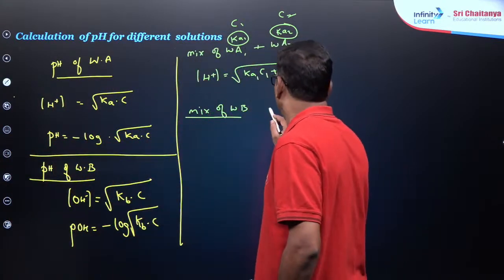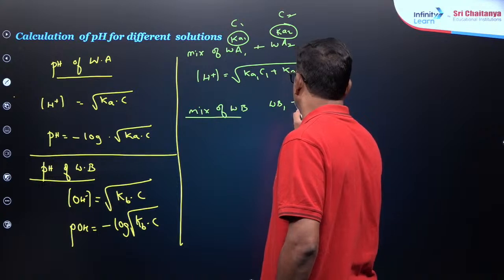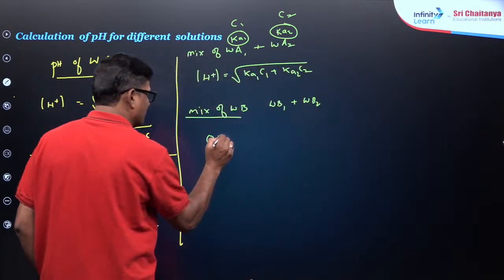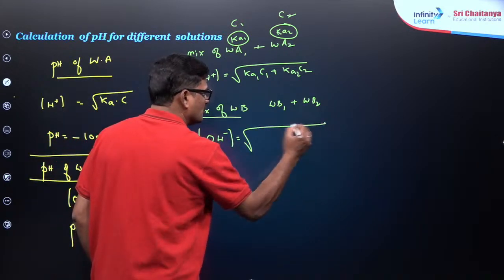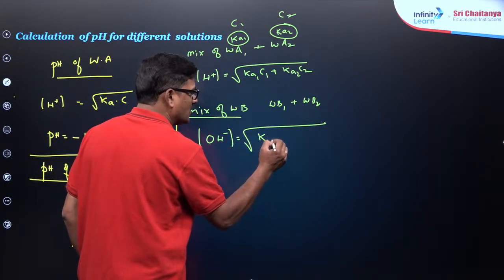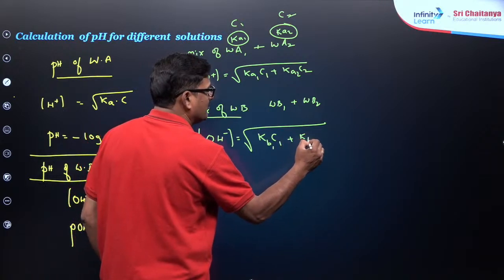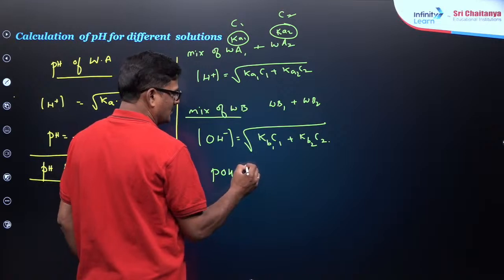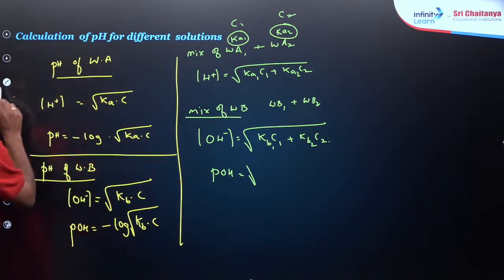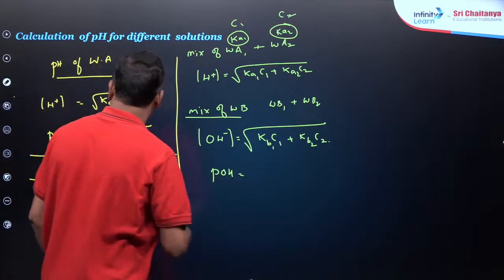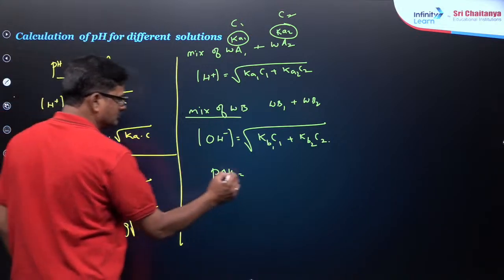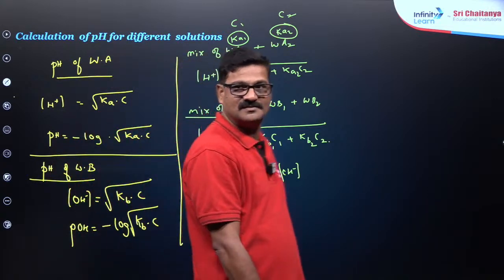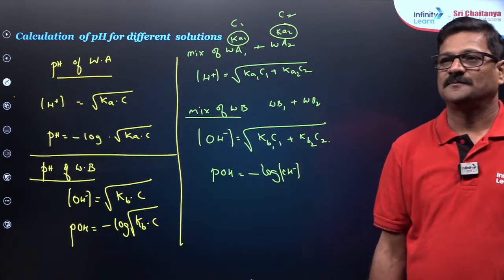So you have weak base 1 plus weak base 2. आपको OH minus ion concentration है is equal to root over Kb1 C1 plus Kb2 C2. इसका POH निकालना पहले, ओके, एंड pH भी निकाल सकते हैं. नेगेटिव लॉग OH माइनस कॉन्सेंट्रेशन करना, बस. एनी डाउट?